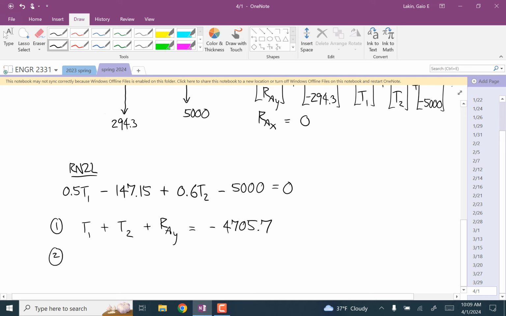And the second equation says 0.5 T1 plus 0.6 T2 is equal to 5147.15.